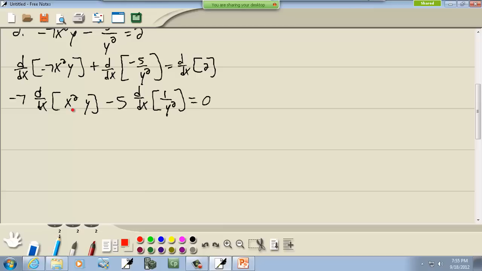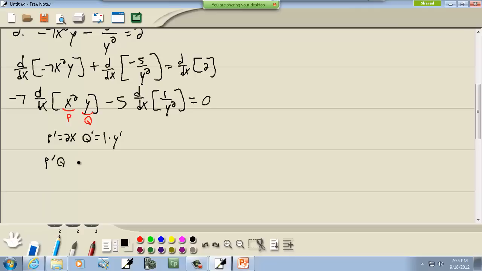Well, this is the product rule. We've got something times something else. So this is P, and this is Q. P prime will be 2x, Q prime. The derivative of y is 1, but since we're doing it with respect to x, we have to add on our y prime.